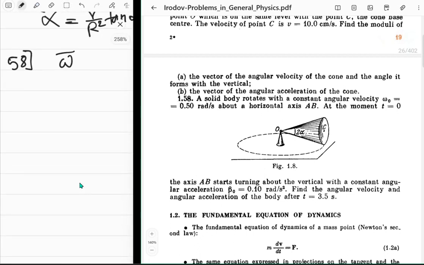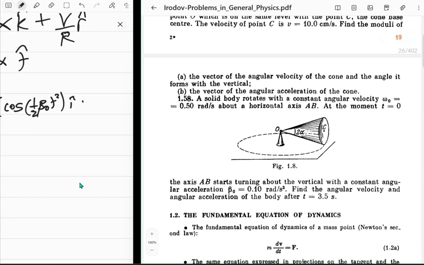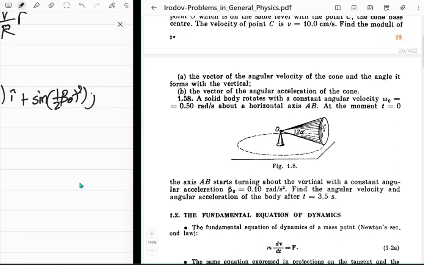So your angular velocity vector is omega naught cosine theta i hat. What's theta, by the way? It's just cosine of half b naught t squared i hat plus sine of half b naught t squared j hat. Yeah, that's it.